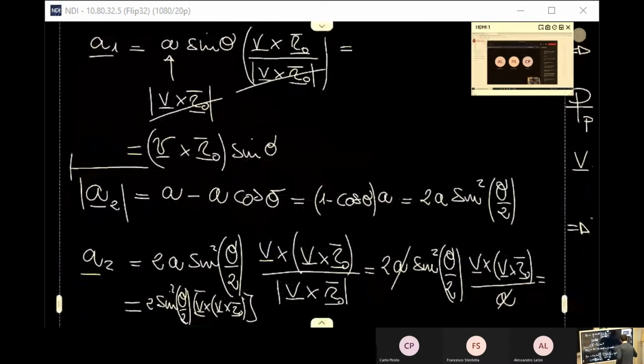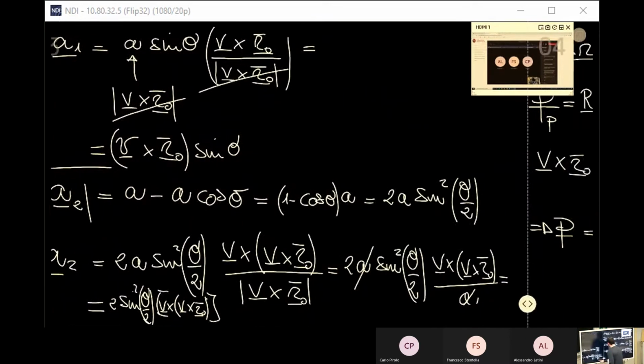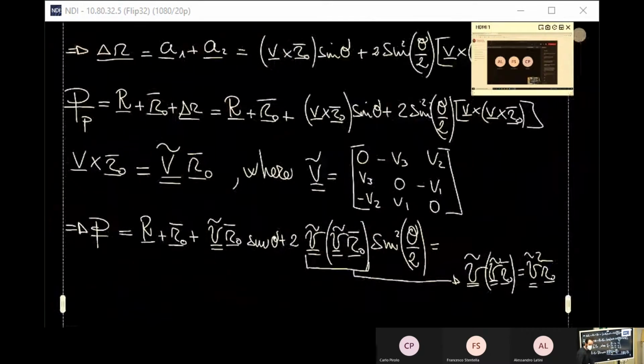All right. So we just defined this new notation here. And so eventually we can do one thing right now. We can group the vector R0. So we can write R plus what? Let me rewrite it a little more clearly.